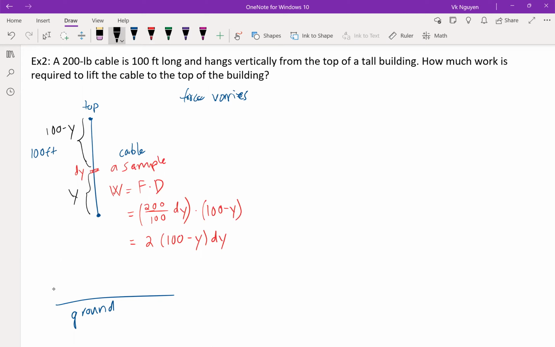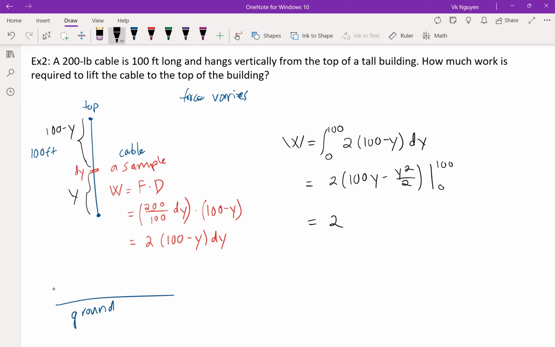So work is the integral from 0 to 100 of the work done in pulling a sample of cable, 2 times 100 minus y dy. And this gives us 2 times 100y minus y squared over 2, evaluated from 0 to 100.